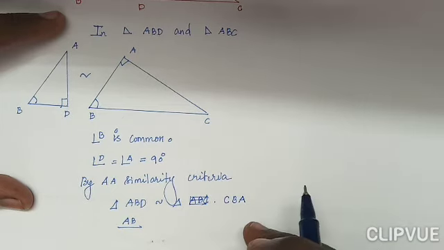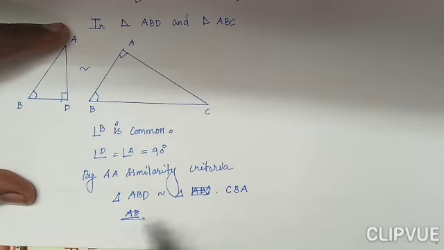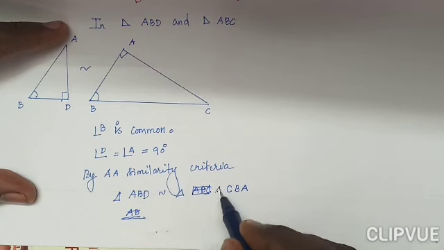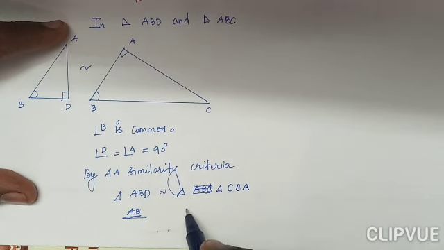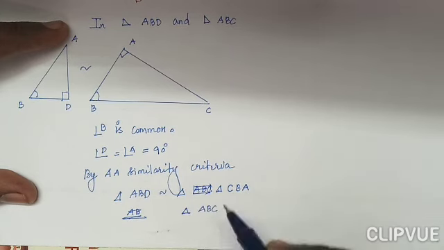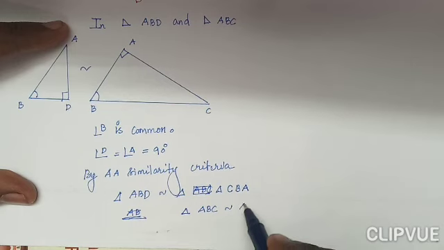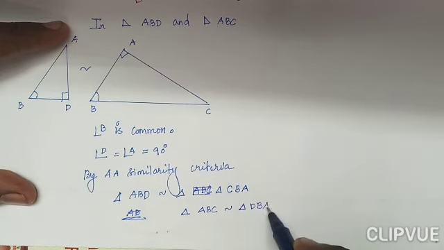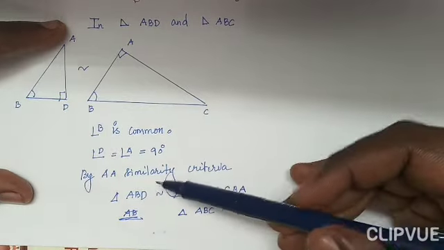So if you write in ABC form, how can we write it? Triangle ABC should be written as triangle DBA. I hope you understand this. Listen carefully.